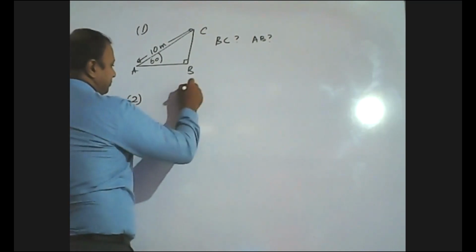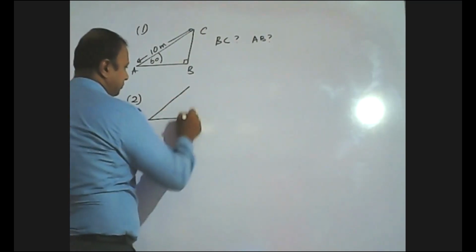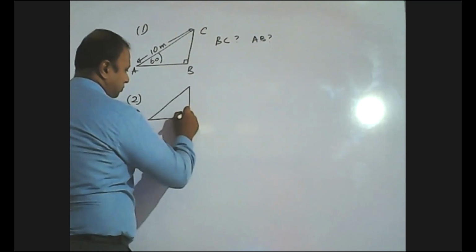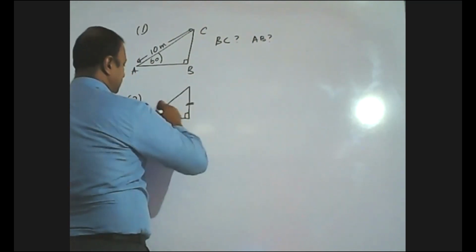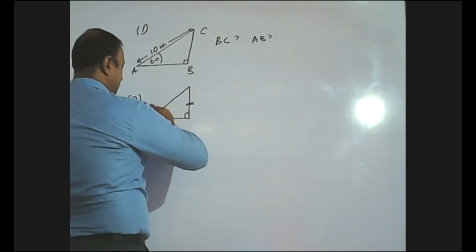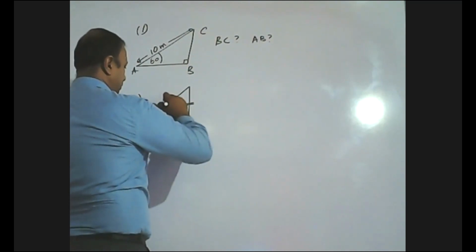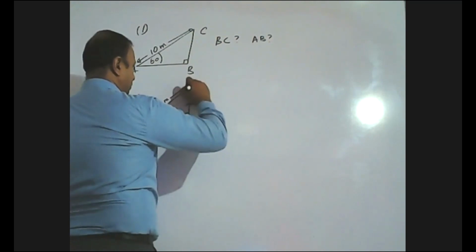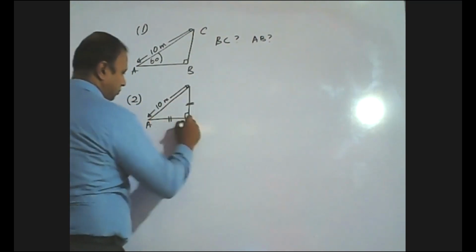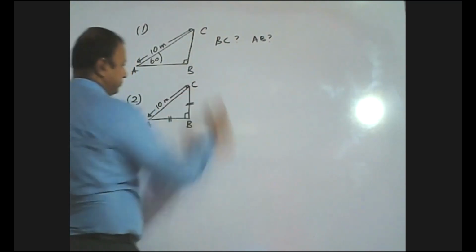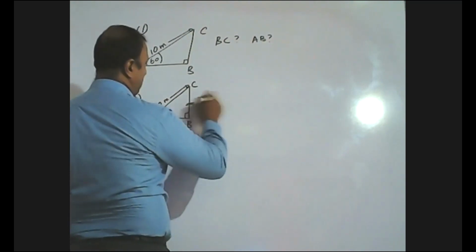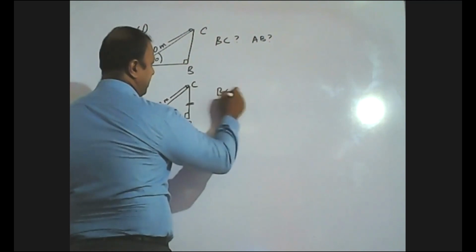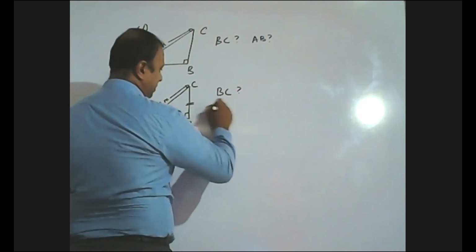Second thing, ABC. Now you have to find again BC and AB.